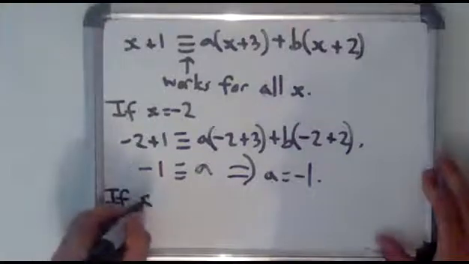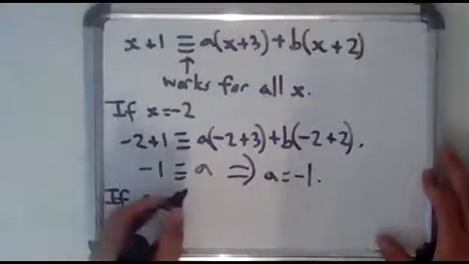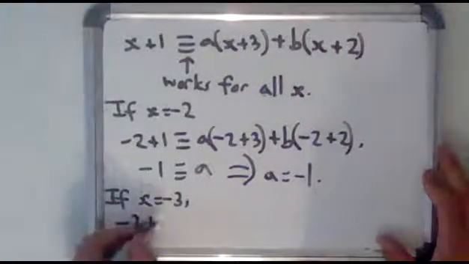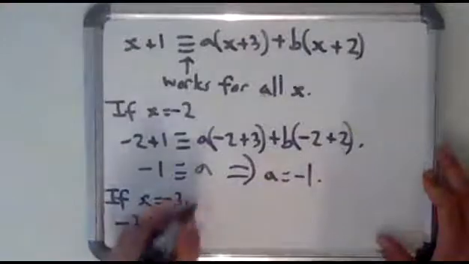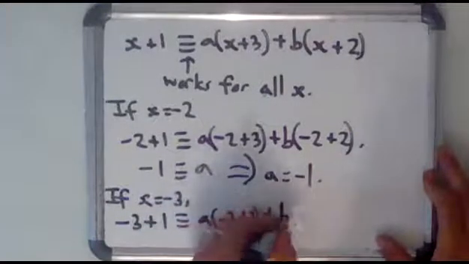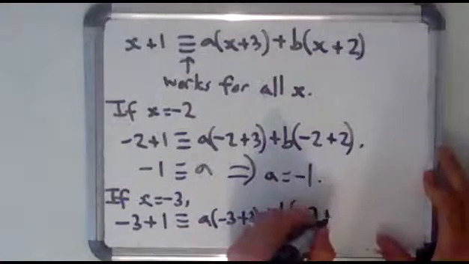If x equals minus 3, so minus 3 + 1 is identical to A(minus 3 + 3) + B(minus 3 + 2).